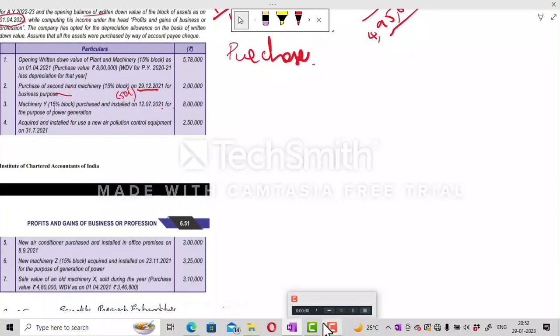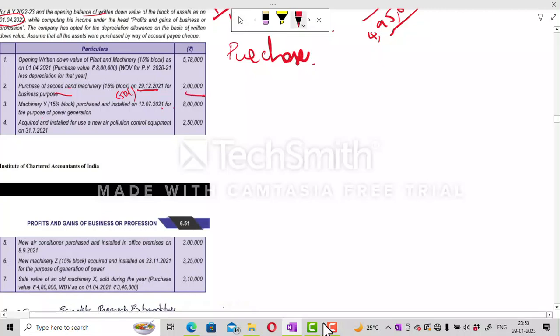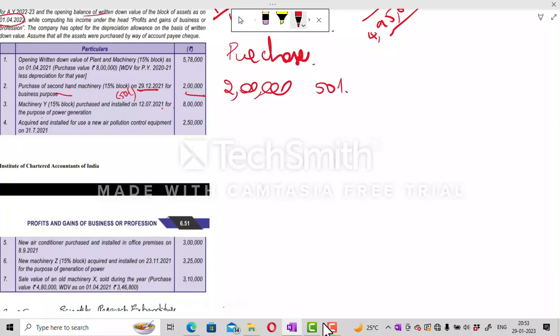See, 2 lakhs we have purchased and we have used it for less than 180 days. So we need to include this in purchases, but only 50% rate of depreciation. Full or half we will write here. And 8 lakhs we have purchased in current year, but 100% rate is available.